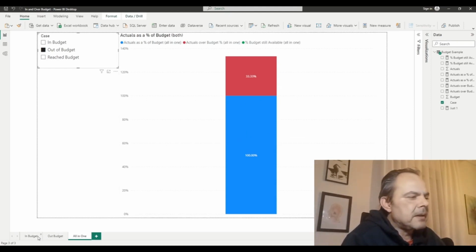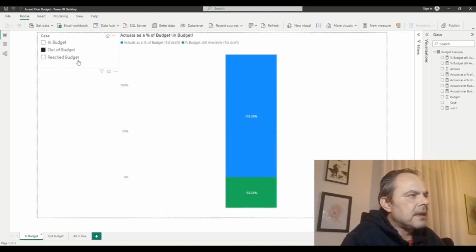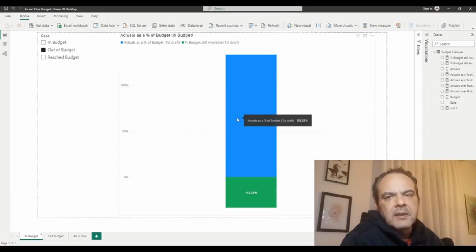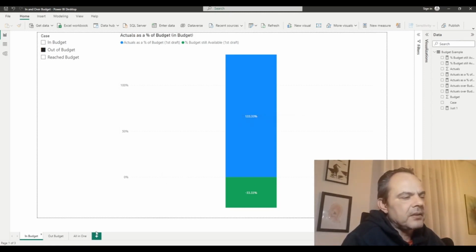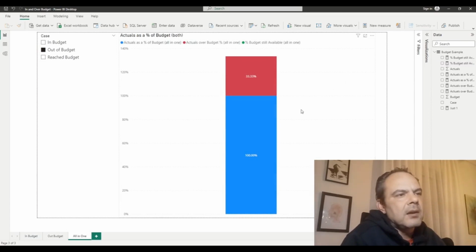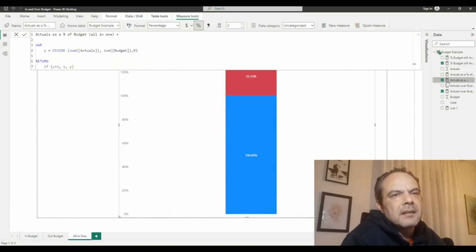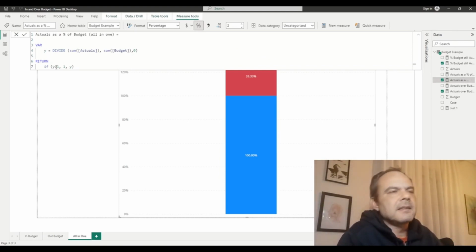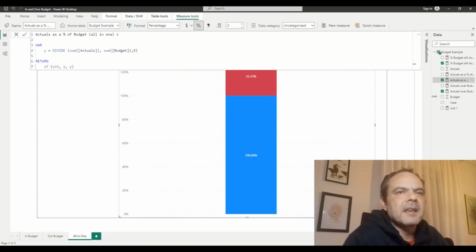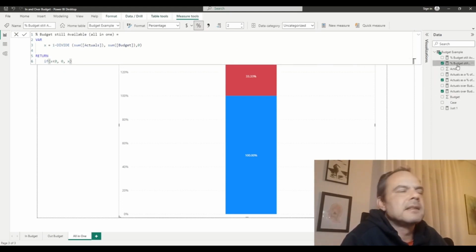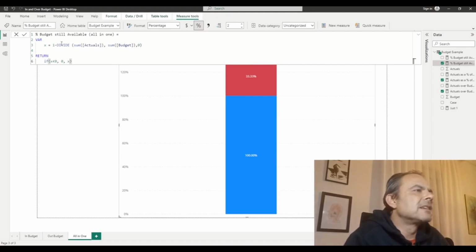If you remember, in the out-of-budget case, the result of the division is 133.33%. So our IF statement here caps it at 100%. Similarly, the remaining budget percentage, which was 1 minus the actuals percentage, is also going to be capped at 0.